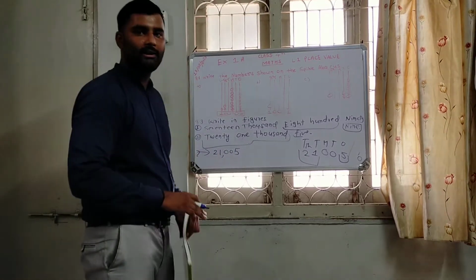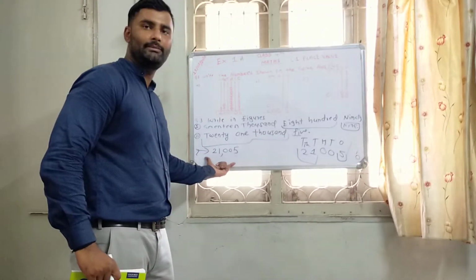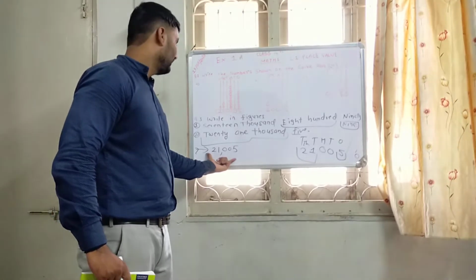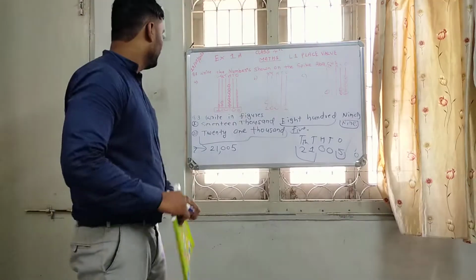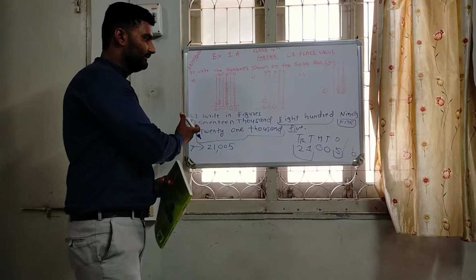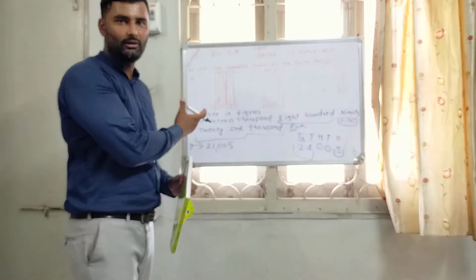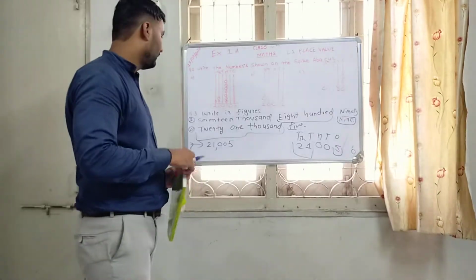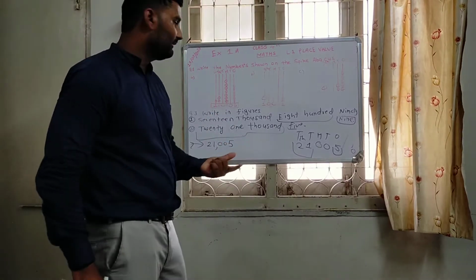Just put the comma in the number. Separate the number in the form of thousands period and ones period. Okay. So I solved here 2 questions of this topic of writing numbers in figures.